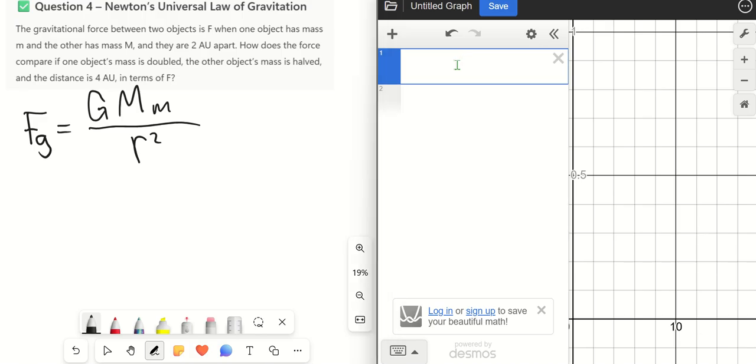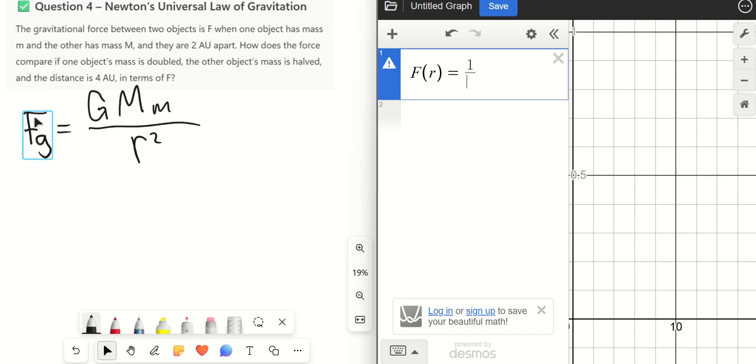Now, just in case we've forgotten, I'm going to show you how we could actually model our force. So I know that my force as a function of my distance, called r, is going to be equal to 1 over, so I'm just replacing everything with a 1. I'm going to just say that this isn't changing, this isn't changing, this isn't changing. So I'm looking at what happens when my radius changes.